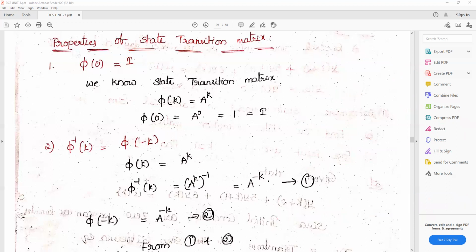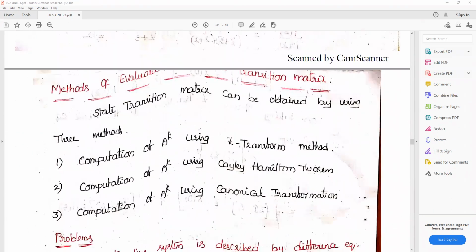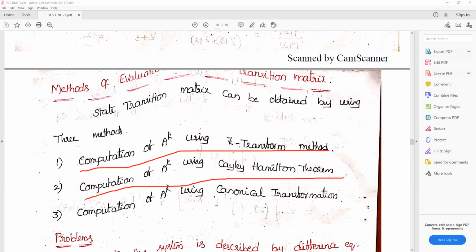And so next, methods of evaluating the state transition matrix. The state transition matrix can be obtained by using 3 main methods. First one, computation of a power k using the Z transform method. Second method is the Cayley-Hamilton method.